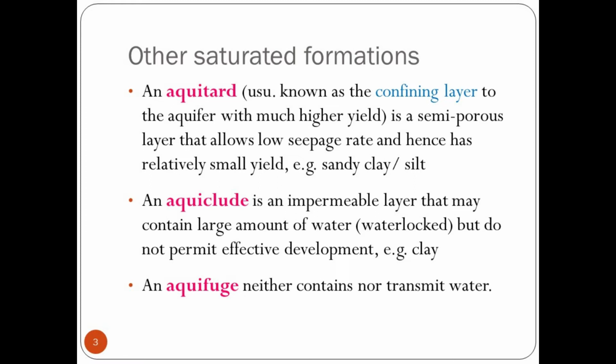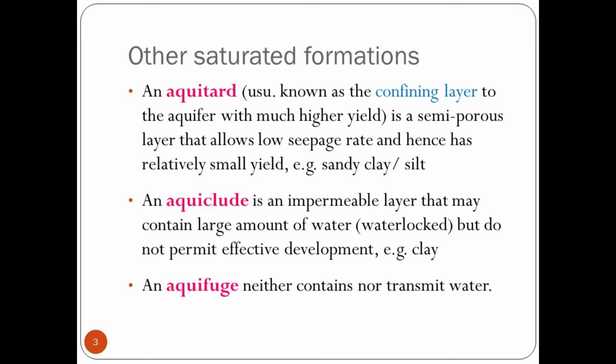An aquiclude is a geological formation which is impermeable to the flow of water. It contains a large amount of water in it, but it does not permit water through it and also does not yield water. It is because of its high porosity. Clay is an example of an aquiclude.